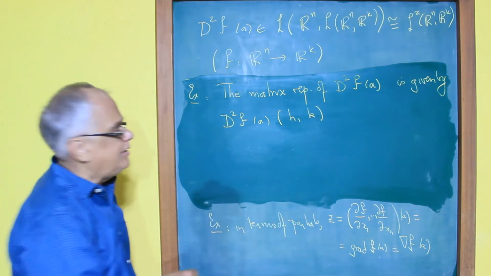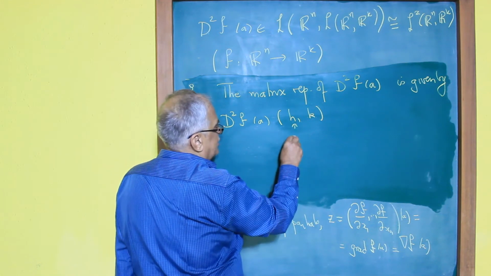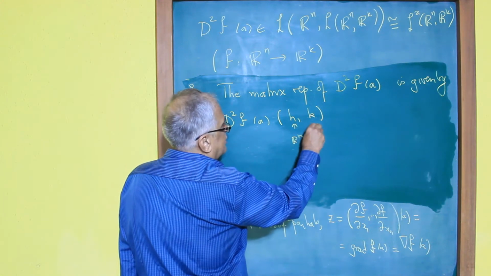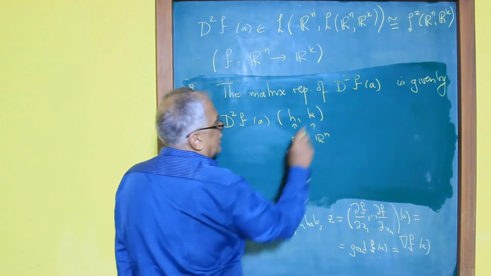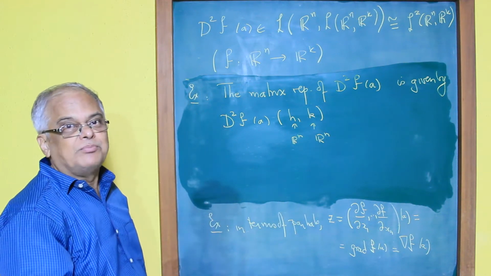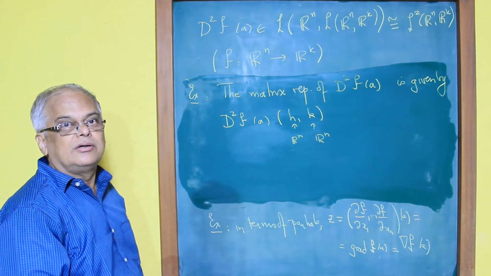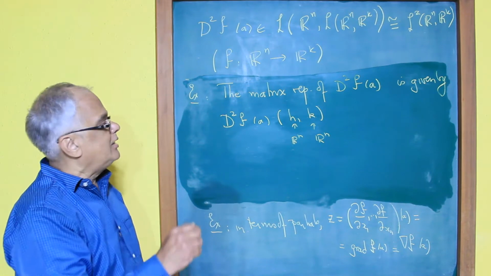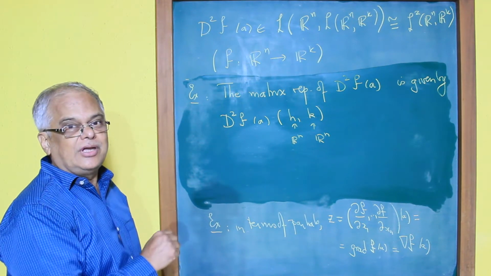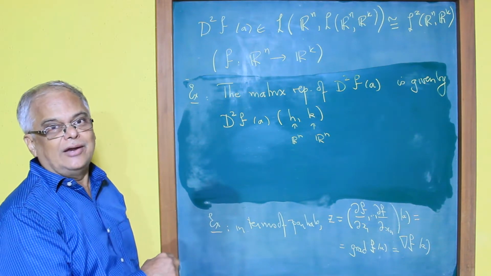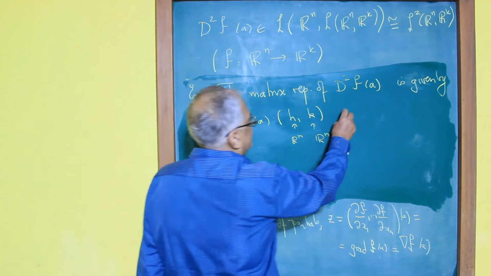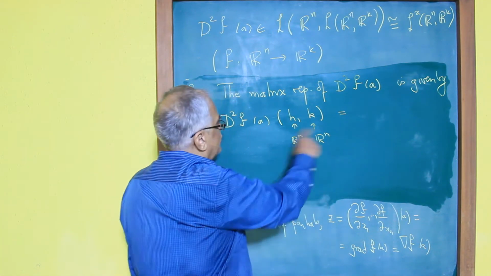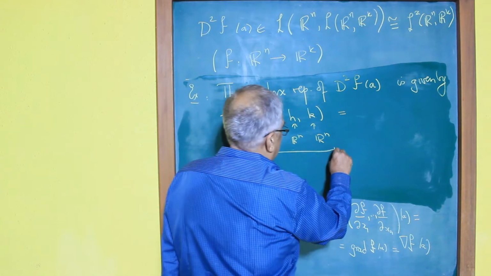Where are h and k? H and k are in Rn. So h has components h1 up to hn. K has components k1 up to kn. So you should be able to prove that this whole thing now is a real number.